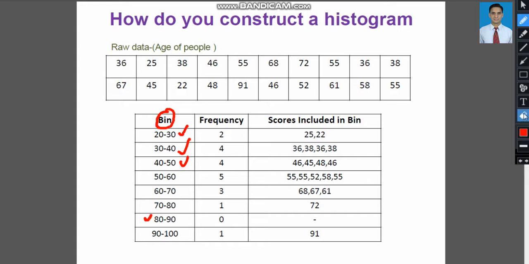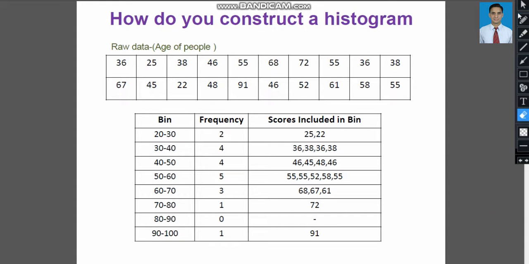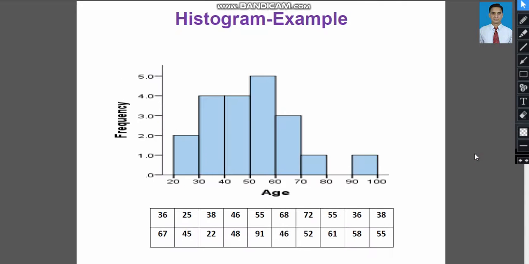If we see the pictorial representation of this, what is the histogram of this data? Let us see the histogram of the data.